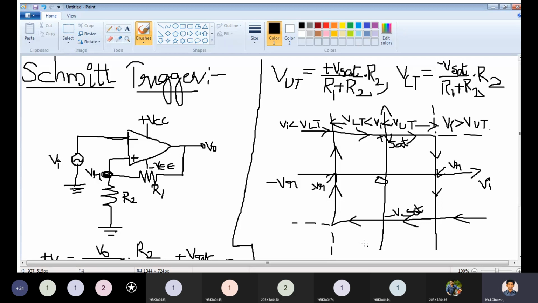This is the VLT point. This is the VUT point.